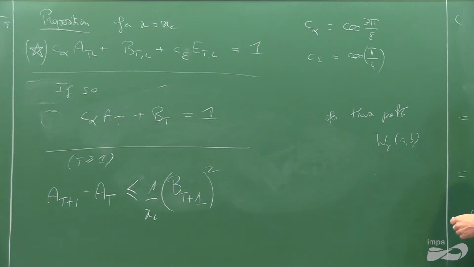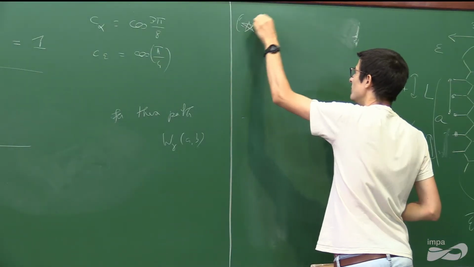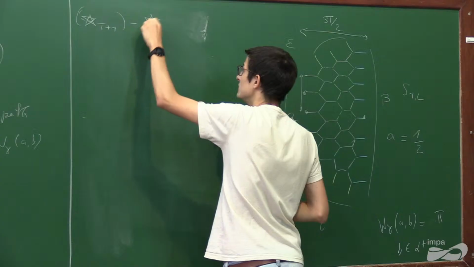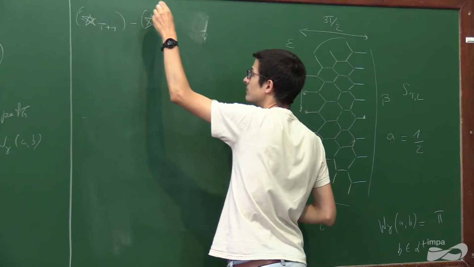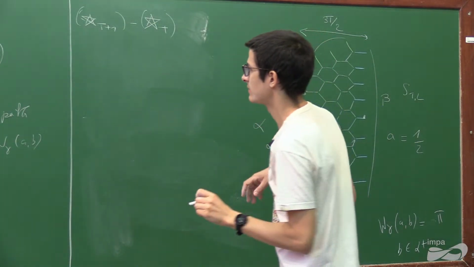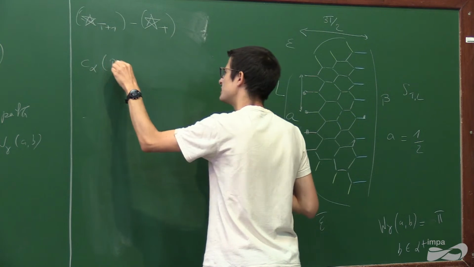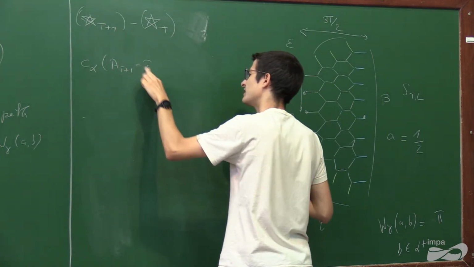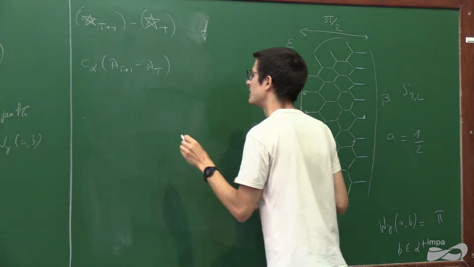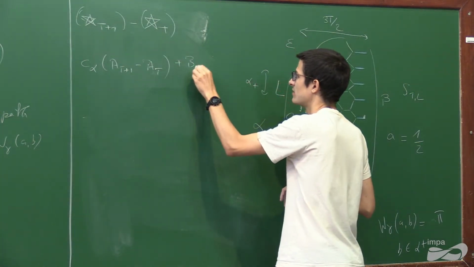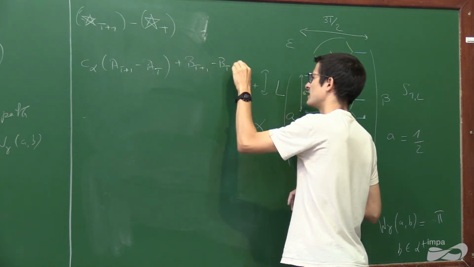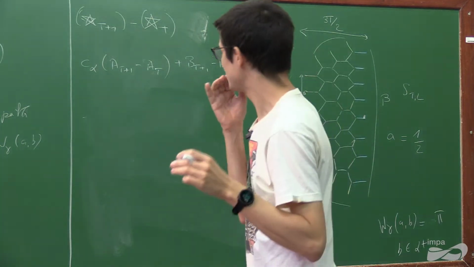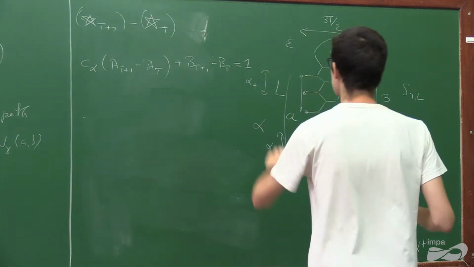If you take the star at T plus 1 minus the star at T, what you get is c_alpha (A_{T+1} minus A_T) plus B_{T+1} minus B_T is equal to 0, sorry.